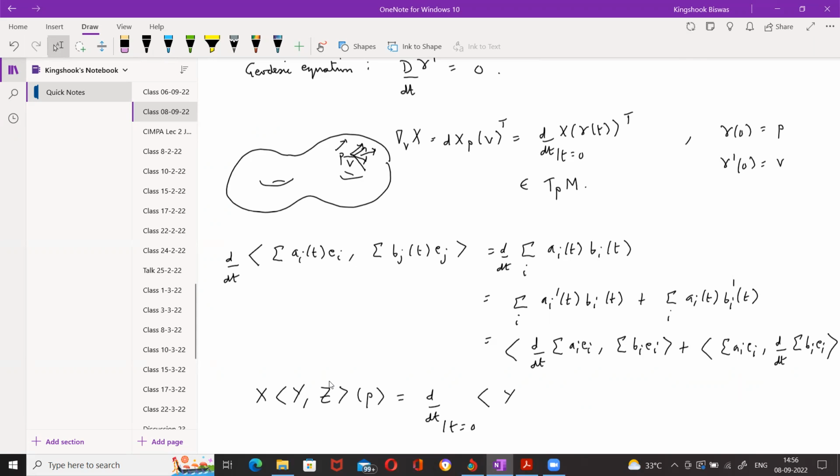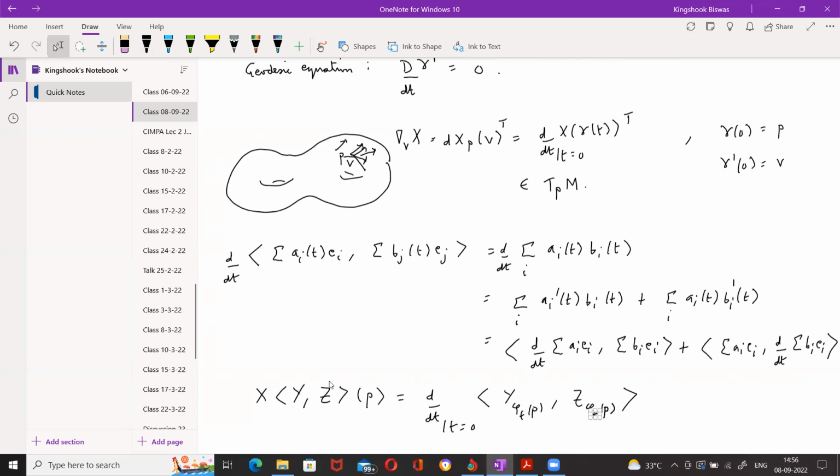I have to differentiate this function in the direction of x. So that means differentiate along an integral curve of x. So this will be y at phi t of p, inner product with z at phi t of p.